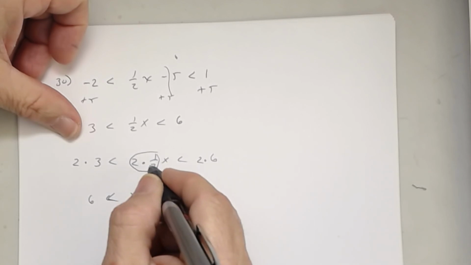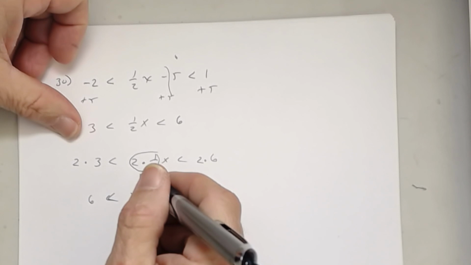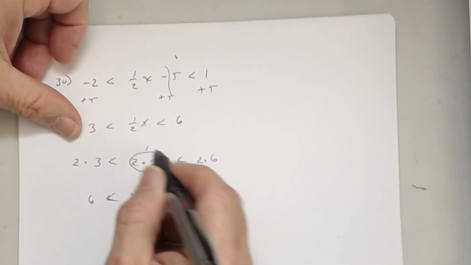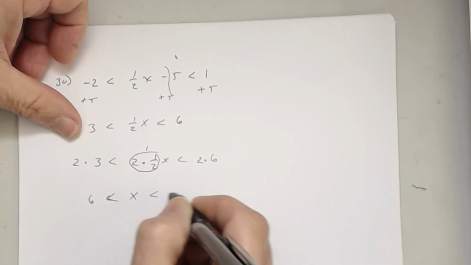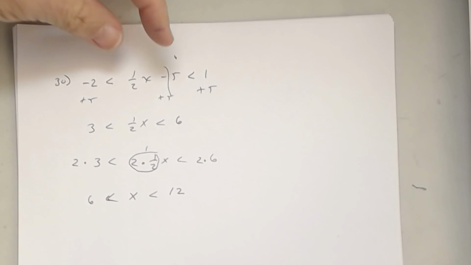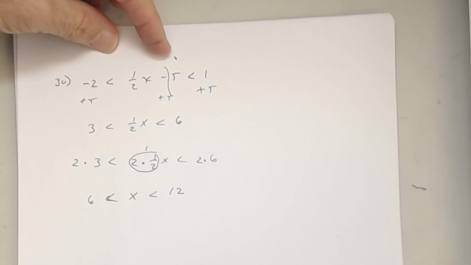What's 2 times a half? 1. Half of 2 is 1, right? 1 times x is x. And that's less than what? 12. So solutions to the original compound statement would be any real number that's between 6 and 12.